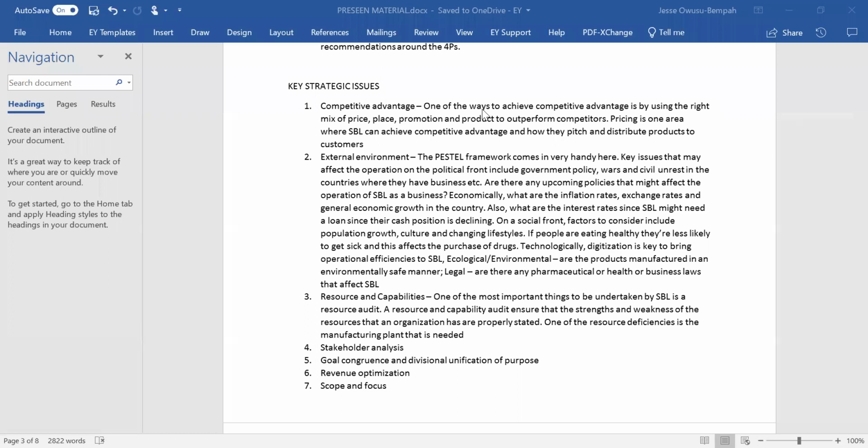A resource audit is simply trying to find out what kind of resources I have and whether they are able to meet my needs as an organization. In a resource audit, we find out whether it will be wise or prudent to move our resources from manufacturing to, let's say, the export division.